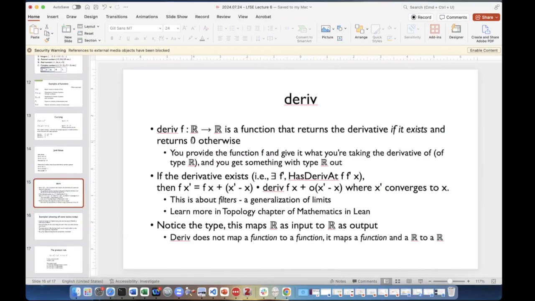One more point though, because I was talking about junk values. If the derivative does not exist, deriv returns 0. So that's a junk value, and that's why I was talking about that.